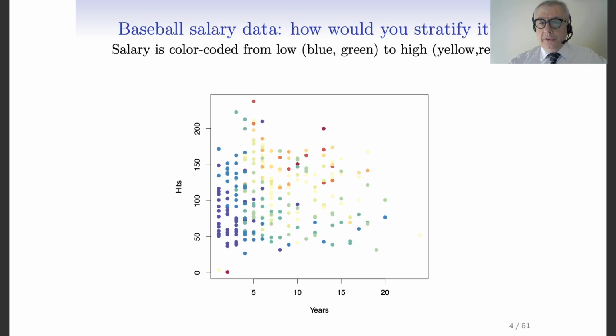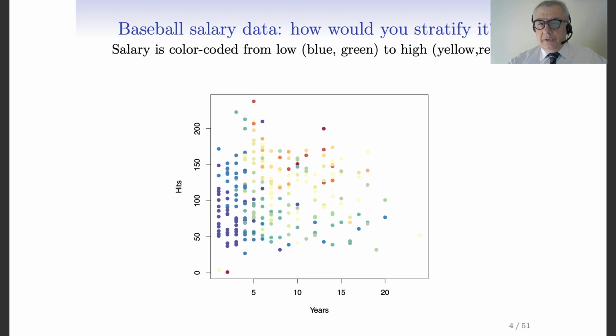Of course, the more hits, the better, and the color represents the wage of the player: the hotter the color, the higher the wage. If you had to stratify, so to speak classify, this data, how would you proceed?